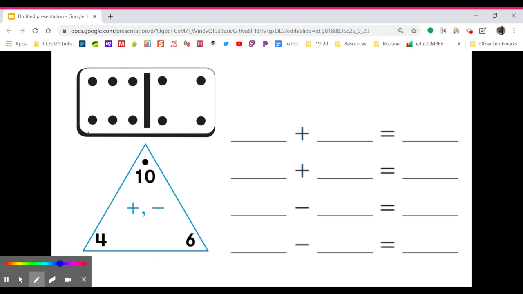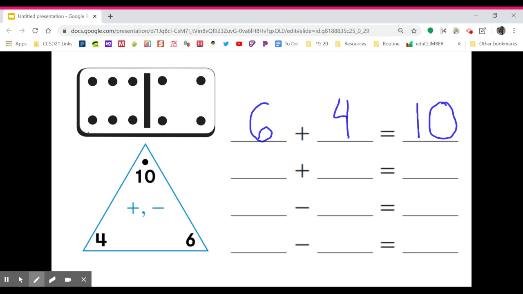In this case, I will start with 6 plus 4 for the addition fact, because that's the way I see them presented on the domino right now. I know that 6 plus 4, that's a combination that makes 10. I also can make this a turnaround fact by showing 4 plus 6, and that will still equal 10.